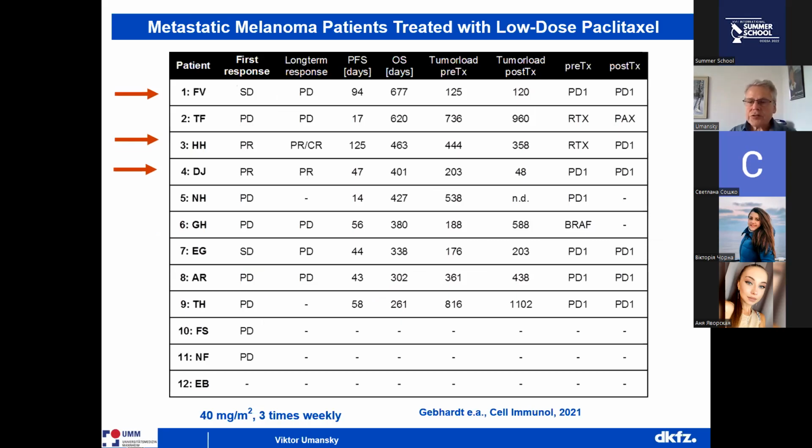Now, we also tried some small clinical trials in our University Medical Hospital in Mannheim, and we found that out of 9 patients, 3 showed a partial response or stable disease.